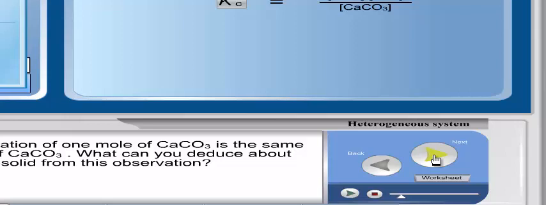Note that the concentration of 1 mole of calcium carbonate is the same as that of 2 moles of calcium carbonate. What can you deduce about the concentration of a solid from this observation?